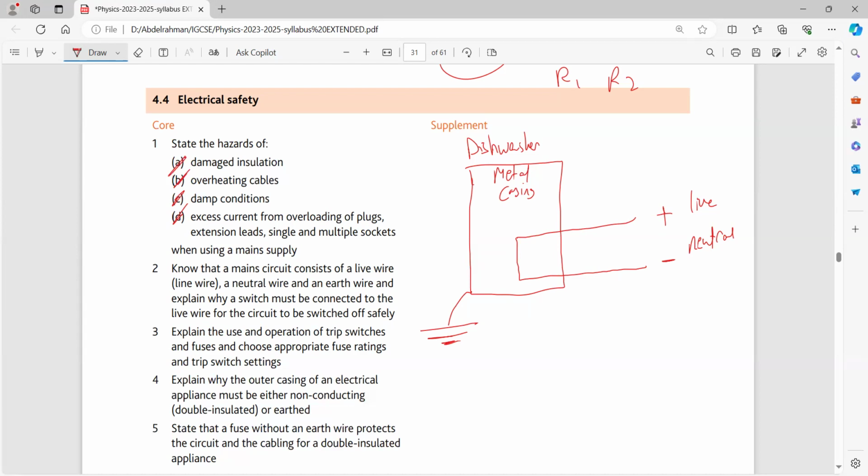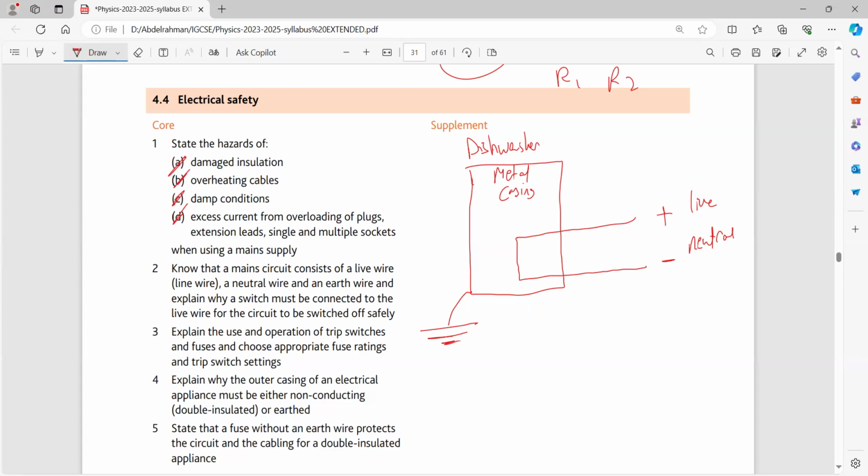What does this wire do? It protects the user from an electric shock. How? If for some reason the live wire touches the metal casing, the metal casing will become live and would, for example, electrocute us.